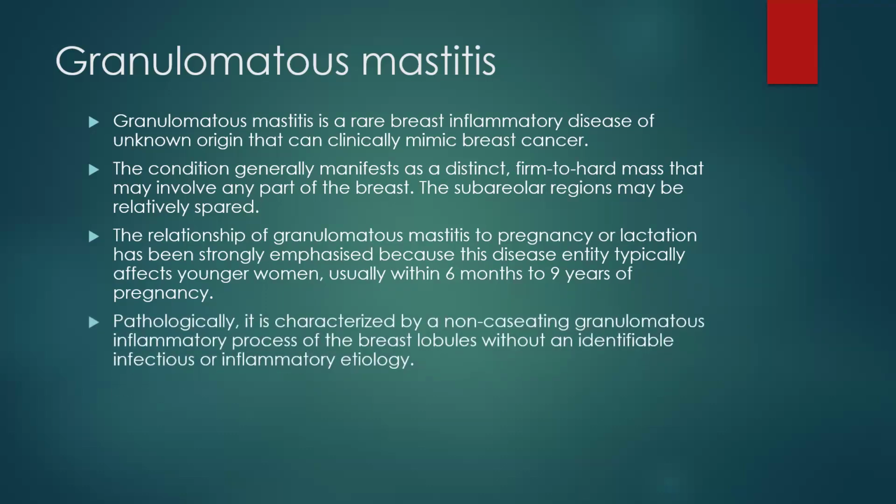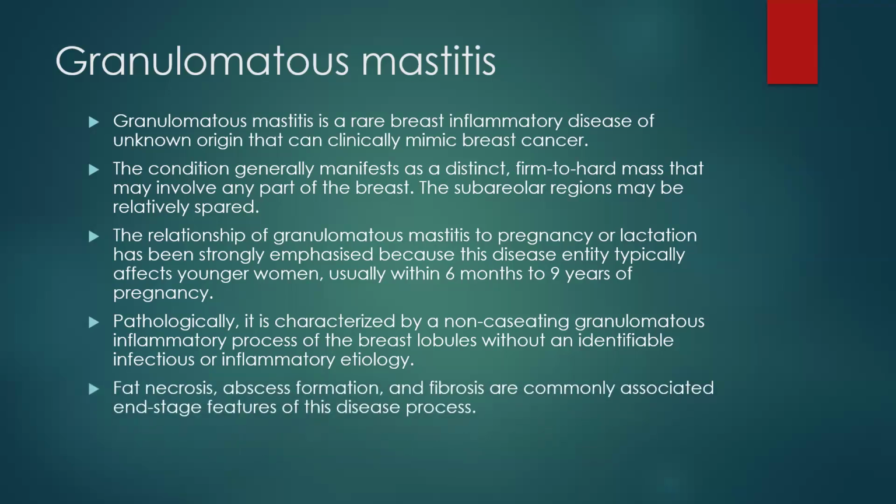Pathologically, it is characterized by a non-caseating granulomatous inflammatory process of the breast lobules without an identifiable infectious or inflammatory etiology. Fat necrosis, abscess formation, and fibrosis are commonly associated end-stage features of this entity. Granulomatous mastitis is a rare diagnosis of exclusion.